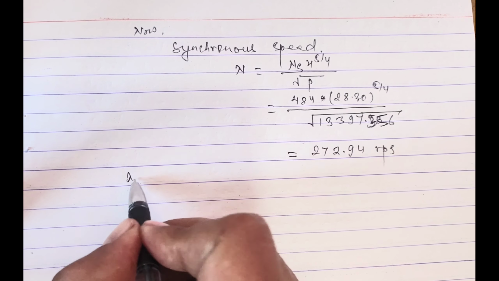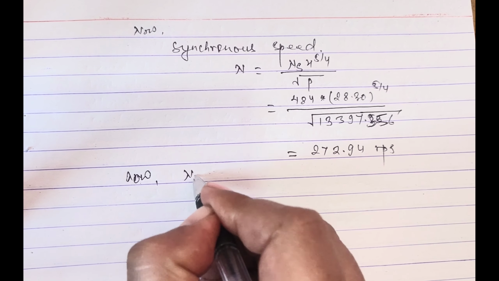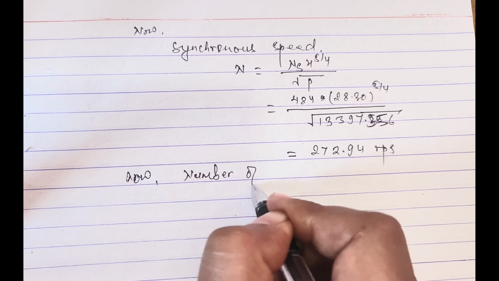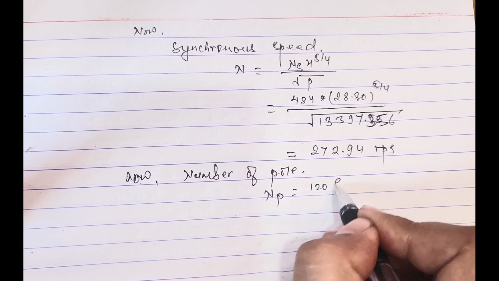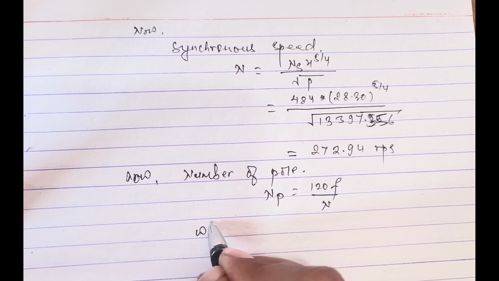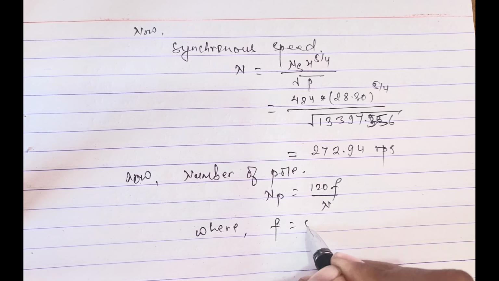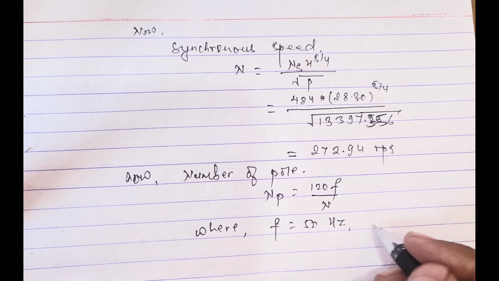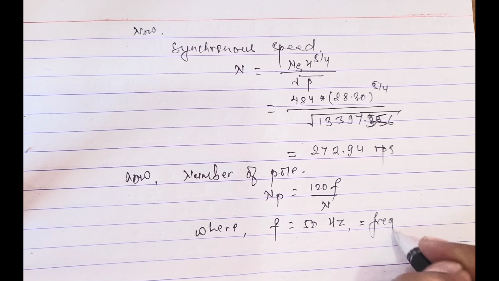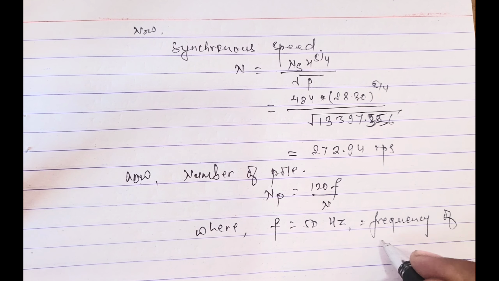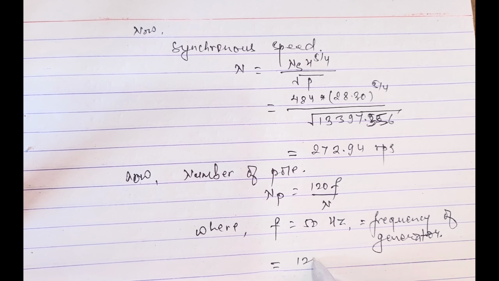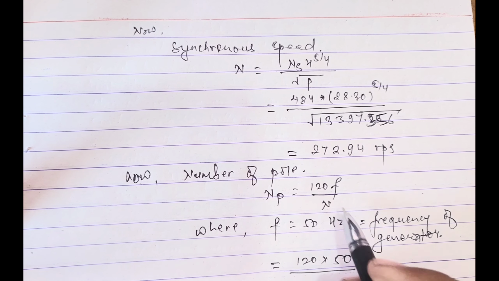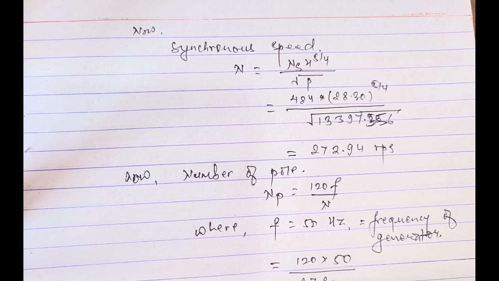Now let's calculate the number of poles, where Np equals 120 F divided by N, where F equals 50 Hz, the frequency of the generator. That equals 120 into 50 divided by the value of N already calculated, 272.94.